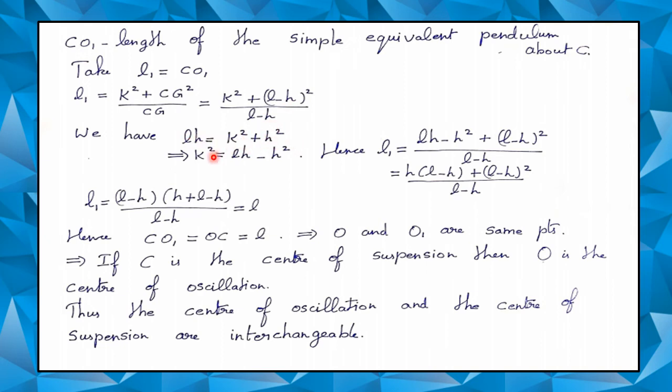Also we have K square plus h square by h is equal to L, so that we can get L1 is equal to (L minus h) plus h, and that is equal to L. So we get CO1 is equal to OC. So O and O1 are the same point. If we change the center of suspension from O to C, then the new center of oscillation is the point O. So both are interchangeable.